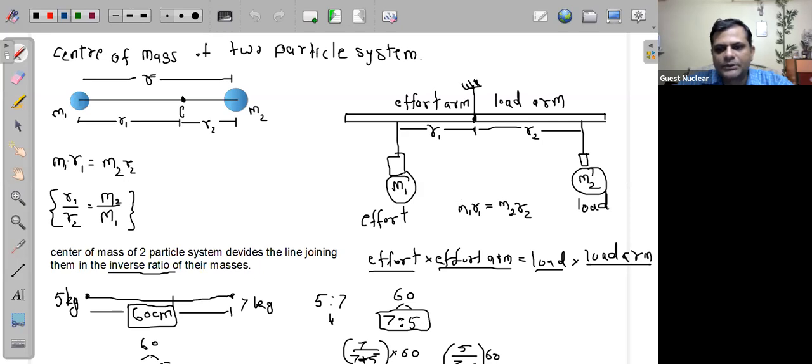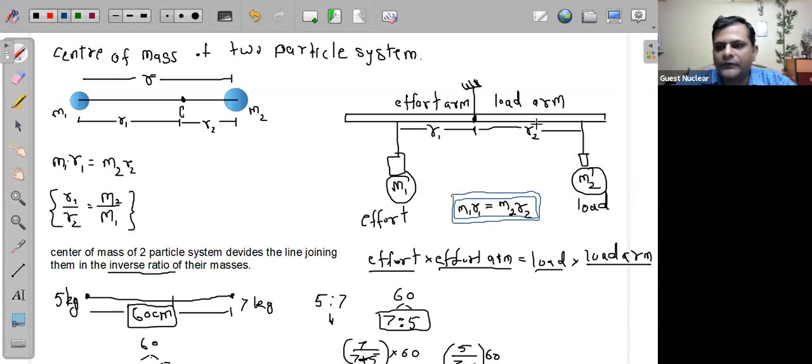And this can also be proved by using the condition of equilibrium. ठीक है ना, रोटेशनल इक्विलिब्रियम का जो कंडीशन है, वो अगर हम अप्लाई करेंगे यहाँ पे तो इससे हमको ये बात मिल जाएगी, M1 R1 is equal to M2 R2, no doubt.